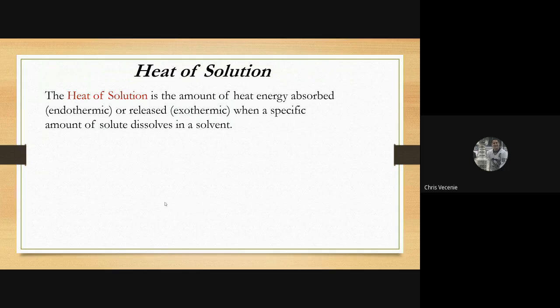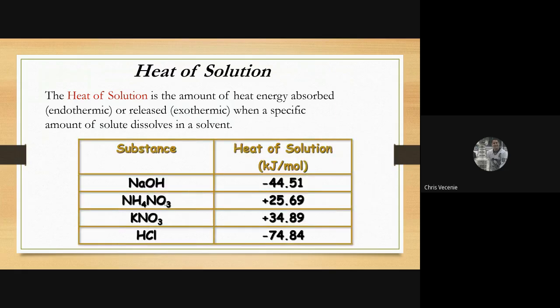A heat of solution number is represented by delta H, which is called enthalpy. It's pretty straightforward. If you see a negative value, the negative indicates the process is exothermic. If you see a positive number, like the NH4NO3 and the KNO3, those dissolving processes are endothermic.